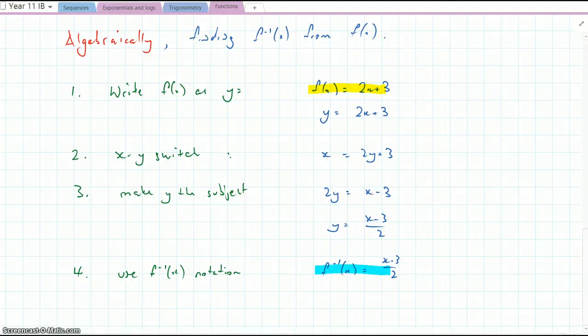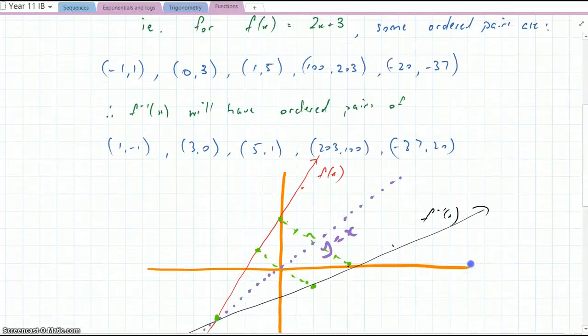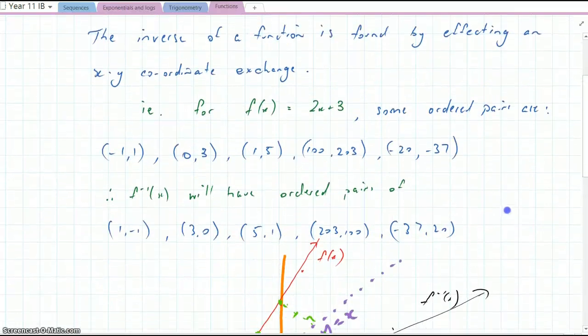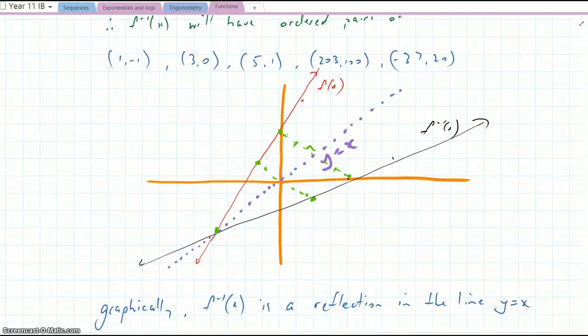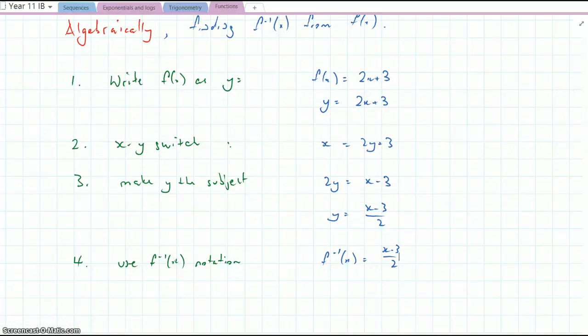We've now looked at what it means. The inverse function is a coordinate switch. Graphically, a reflection in y equals x. Algebraically, the 4-step process.